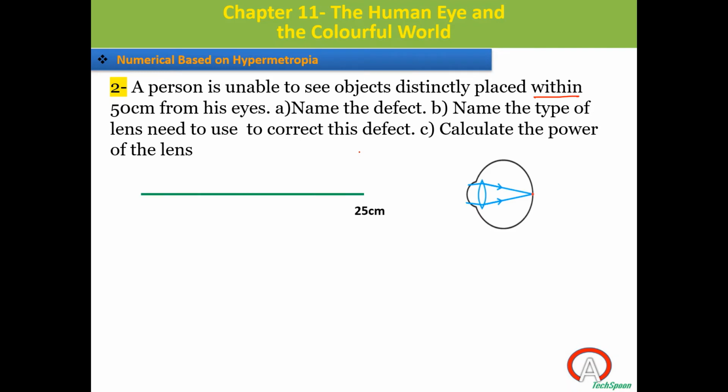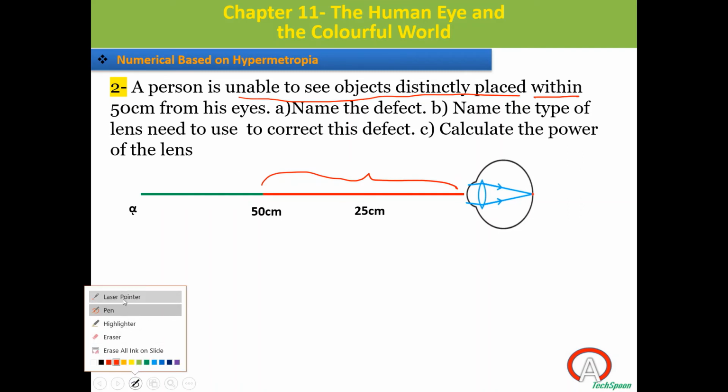See here, 25 centimeter to infinity is the normal range, near point and far point, right? Now 50 centimeter, see the red line. So what does it mean? Unable to see objects distinctly placed within 50 centimeter. So 50 centimeter to this, this is within 50 centimeter, right? Correct.